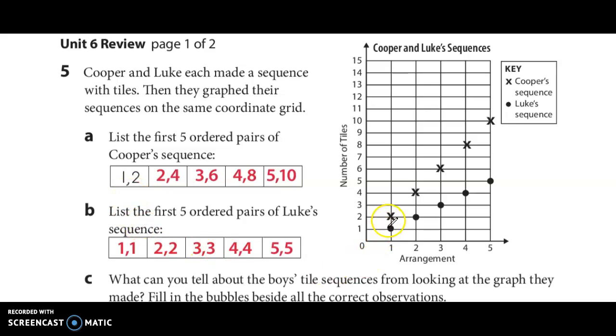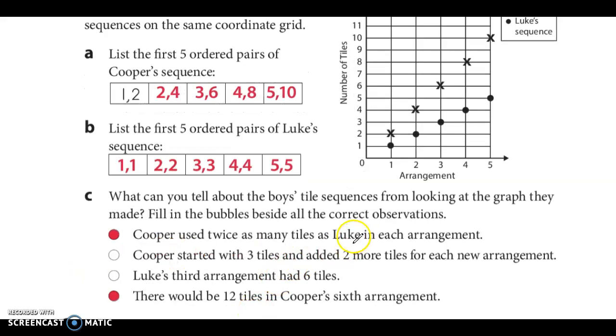Then Luke's is going to be 1, 1. So his first arrangement had 1 tile. The next one's 2, 2. Second arrangement had 2 tiles. 3, 3, 4, 4, and 5, 5. For C, it says, what can you tell about the tile sequences from looking at the graph they made?